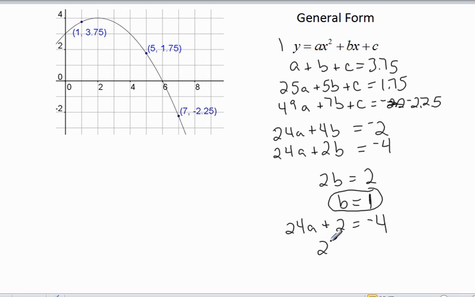That tells me that 24a, I'll add a negative 2 to both sides, should be a negative 6, and a should be negative 6 over 24. Simplify the fraction, a is negative 1/4. Had that before.